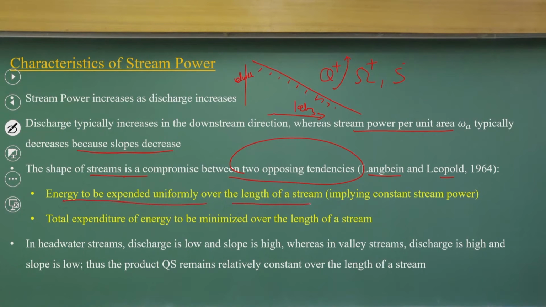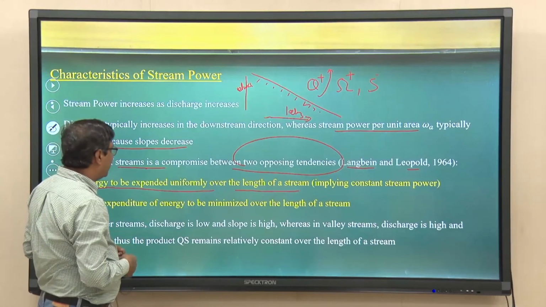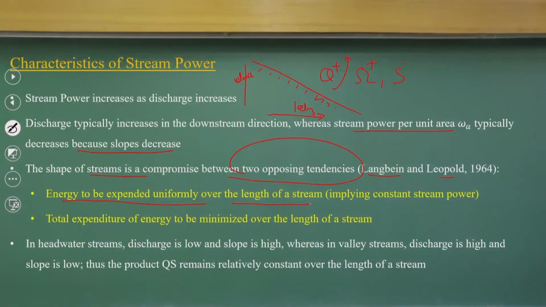The river tries to adjust its cross section and longitudinal slope in such a way that energy is dissipated uniformly along the stream, or it will have a constant stream power, or the river will try to minimize total energy expenditure over the length of the stream.